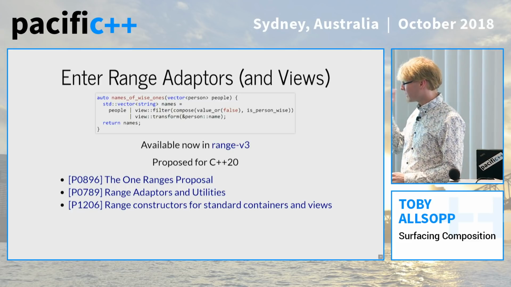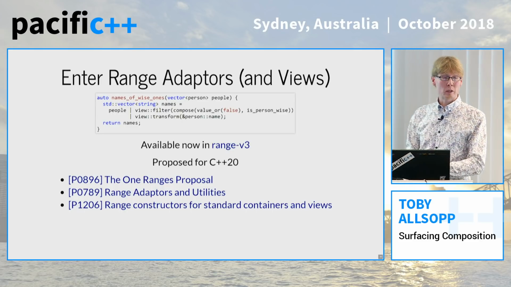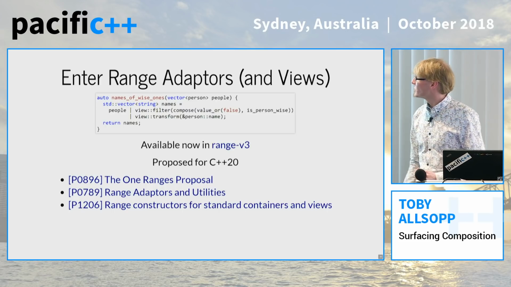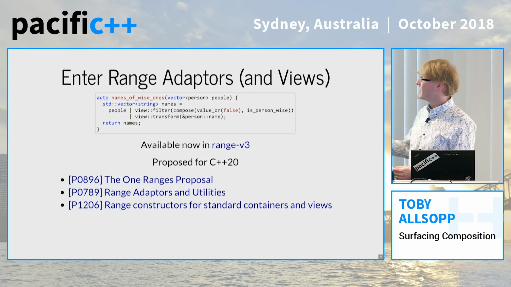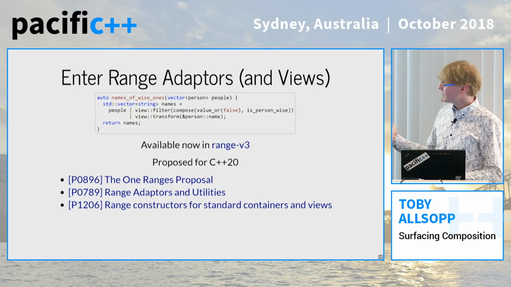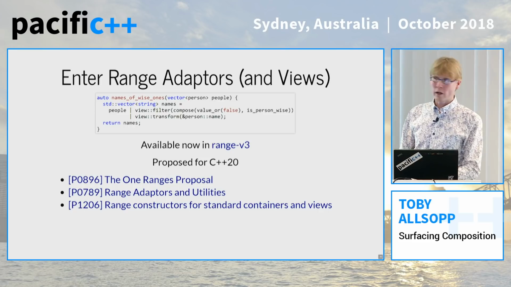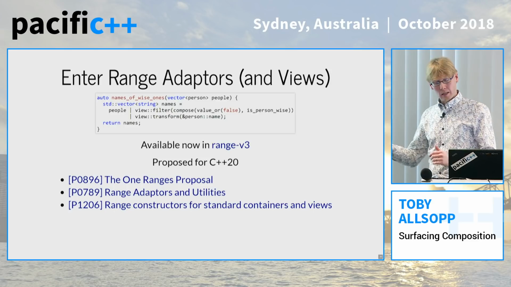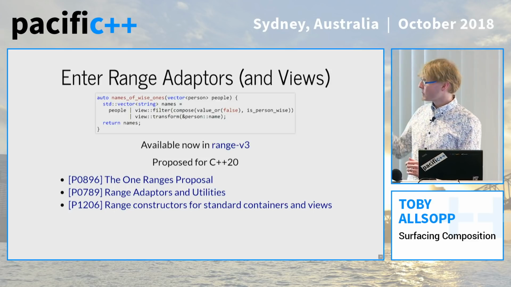There are three that I did a quick skim over because the mailings come out relatively recently. This was added in quite last minute. But the three that I think are relevant for this, there's the one ranges proposal, which lays the groundwork for ranges, puts a whole lot of concepts in place, and gives you range versions of standard algorithms.